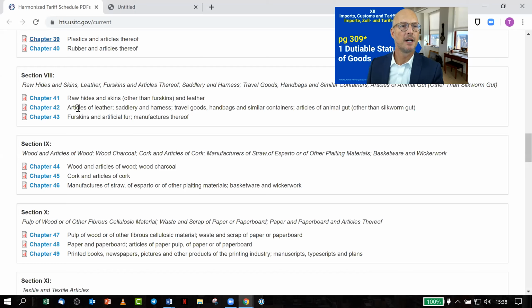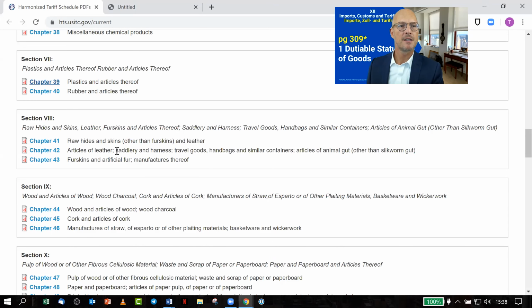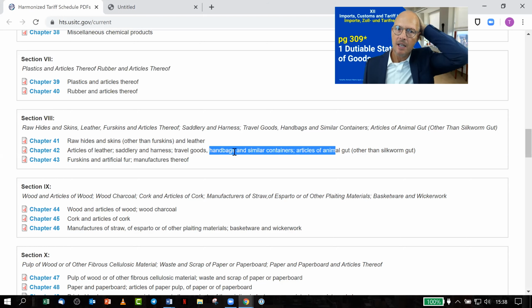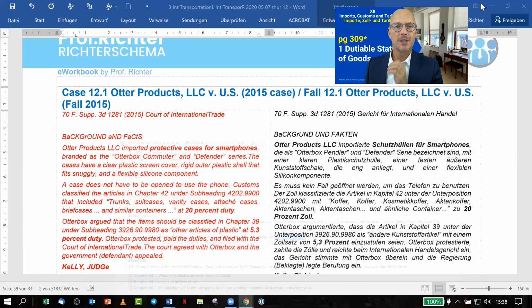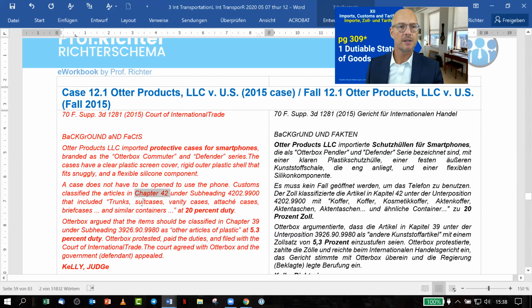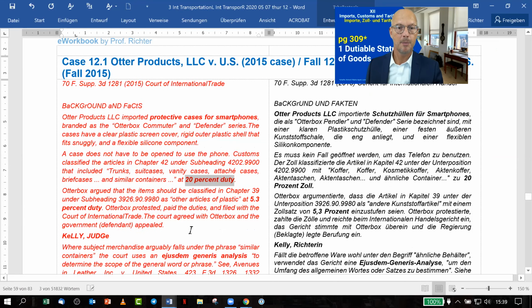42 here: articles of leather, saddlery and harness, travel goods, handbags and similar containers. So you can see, is this a handbag or a similar container, for example, right? You can see it here: trunks, suitcases, vanity cases, attaché cases, briefcases, and similar containers at 20% duty. So they have this high percentage.